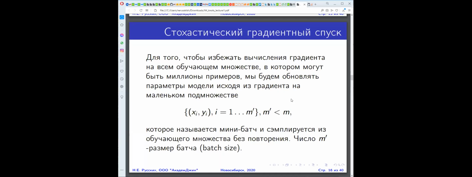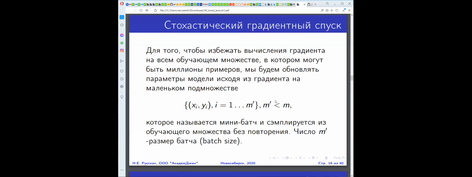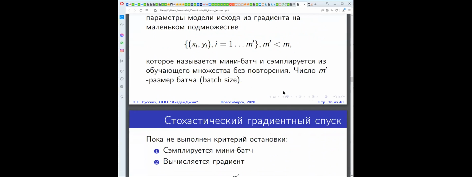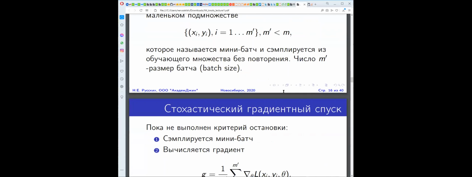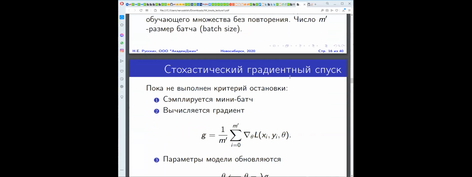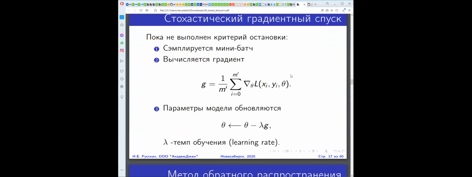We will sample them from the training set, their size is called the mini batch size, and update our parameters on each. So the algorithm is the following.